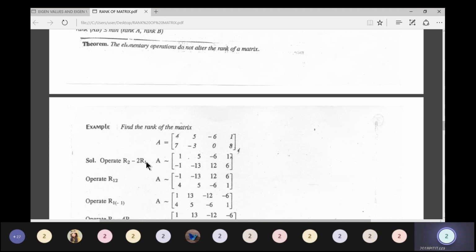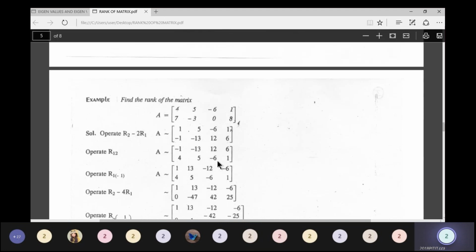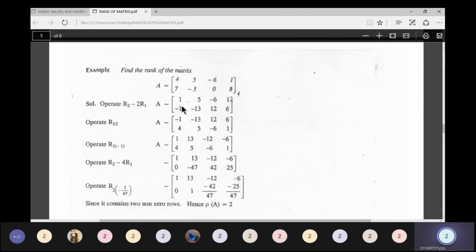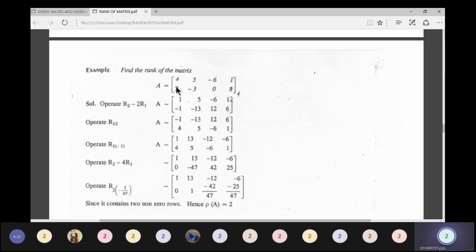See, this 7 minus 2 into 4, 8. 7 minus 8 is minus 1.